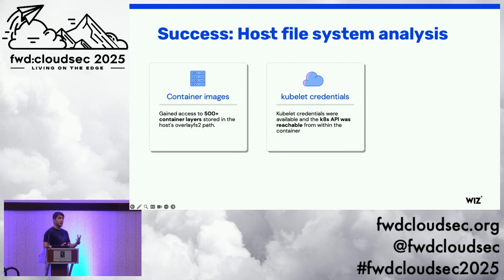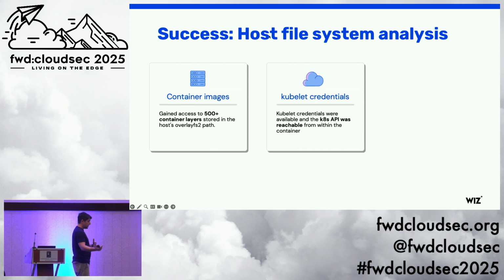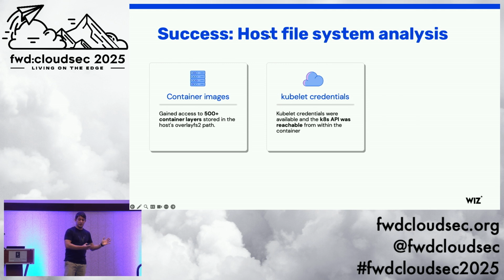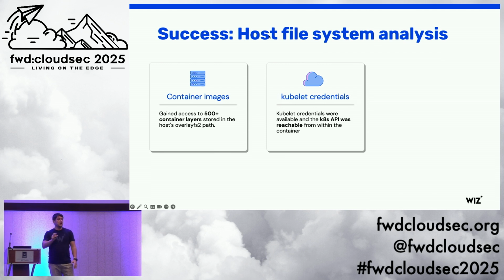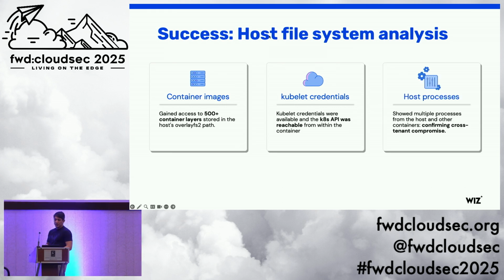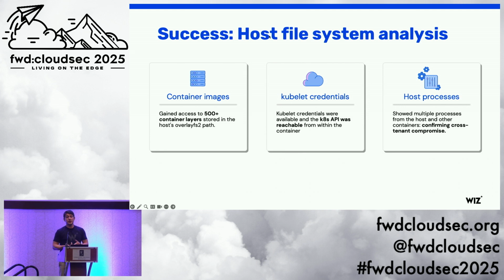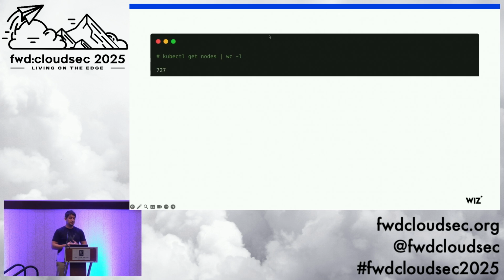Next, we found the kubelet credentials. These credentials were going to be later used, but the connection from within our container to the kube API was successful, no limitations there. The host processes also indicated that this host was running models for different tenants.